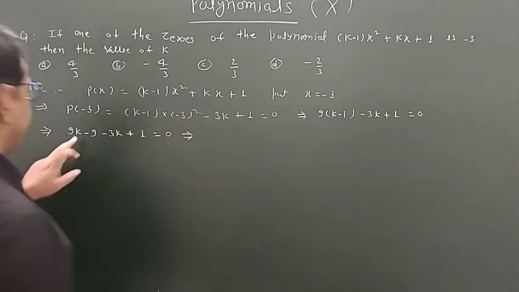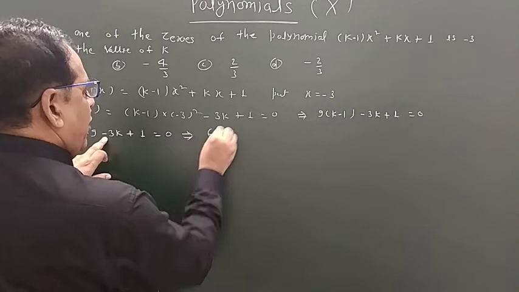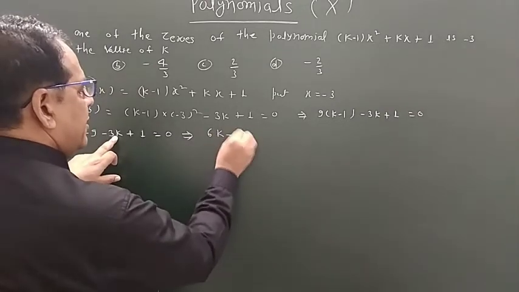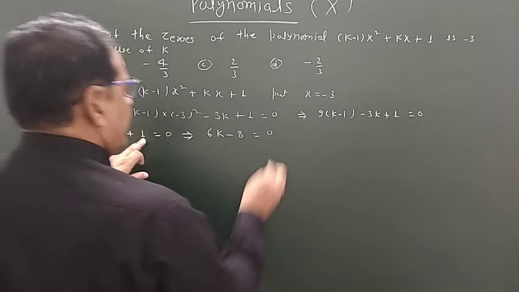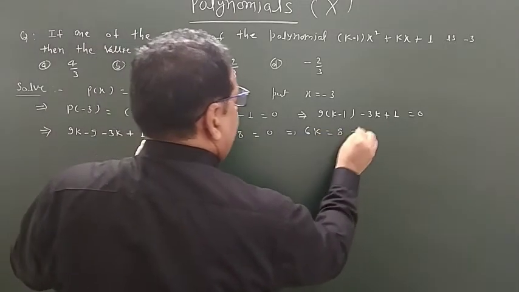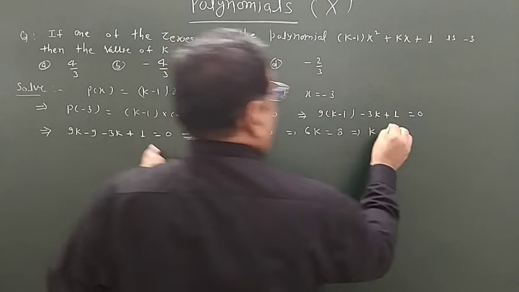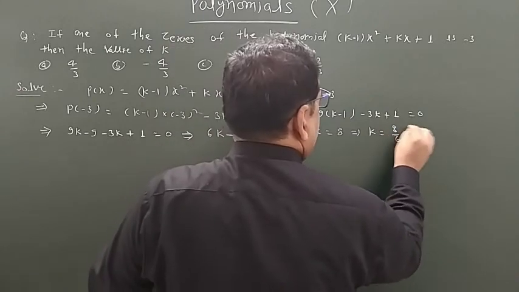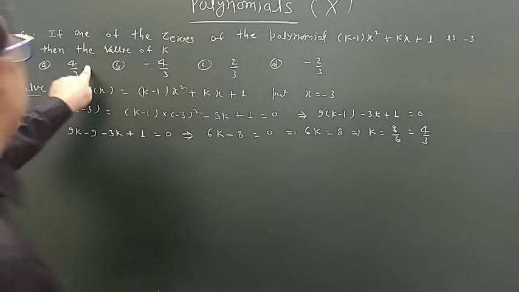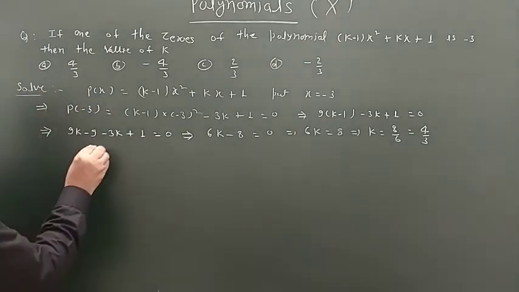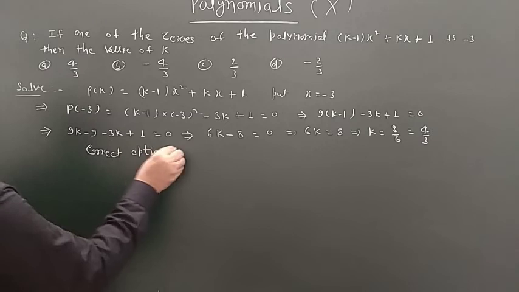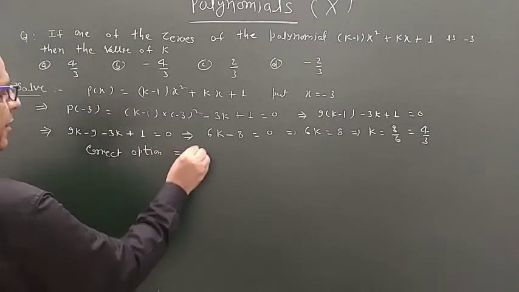This implies that 6k, because 9k minus 3k becomes 6k, minus 8 equal to 0. 6k equal to 8, k equal to 8 upon 6, 4 upon 3. So correct option is A.